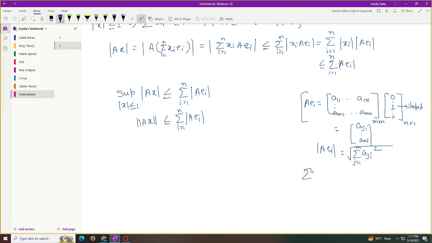So summation of mod A ei, i equals 1 to n, is summation of square root of summation aji square, j equals 1 to m, i equals 1 to n. That is finite, because these are involving only entries of A. Okay.